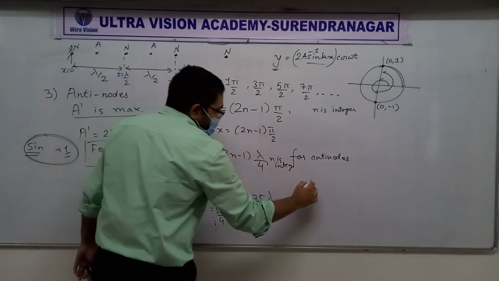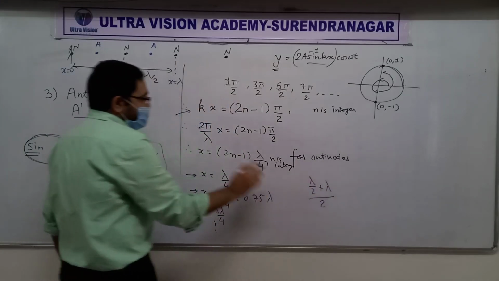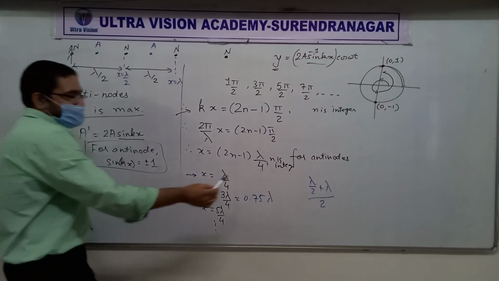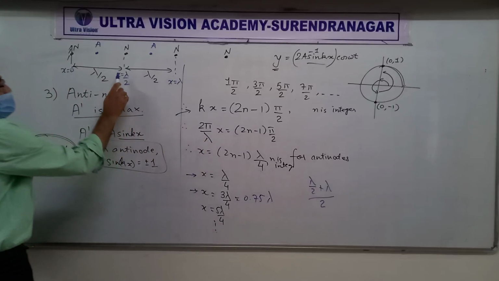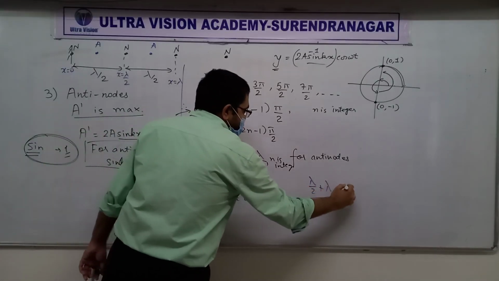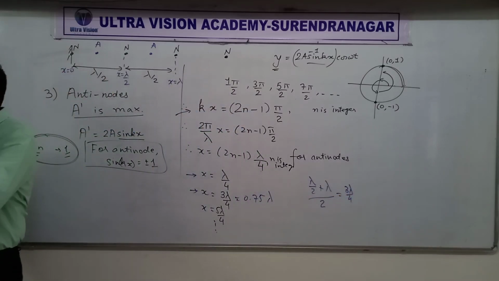This is the midpoint of lambda by 2 and lambda. How much will that be? Take LCM, you get 3 lambda by 4. Clear or not clear?